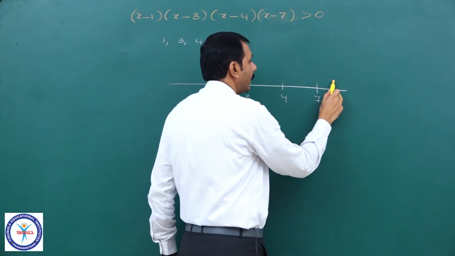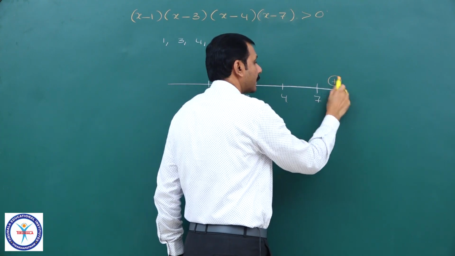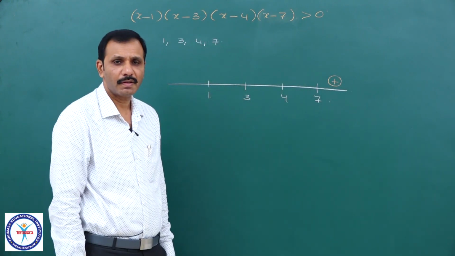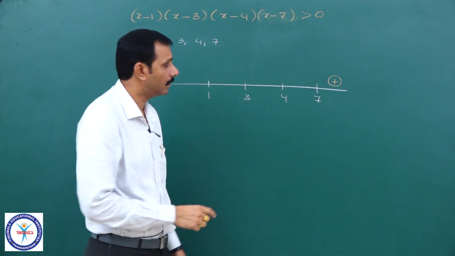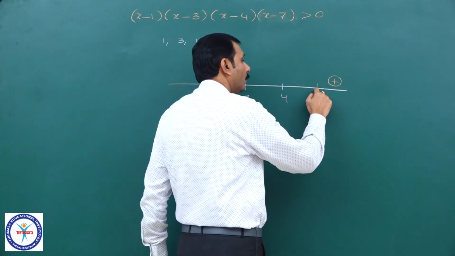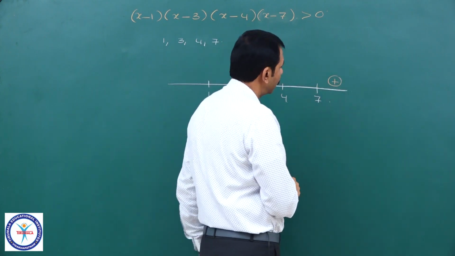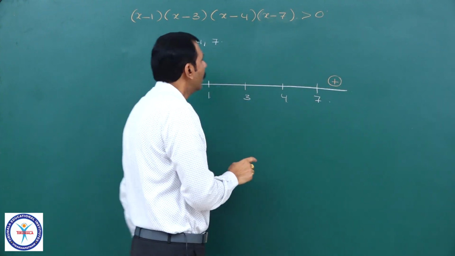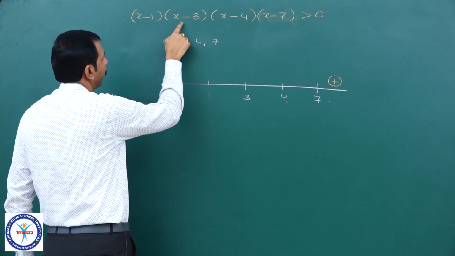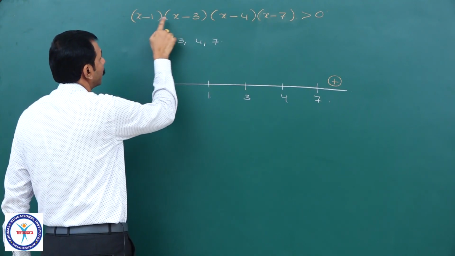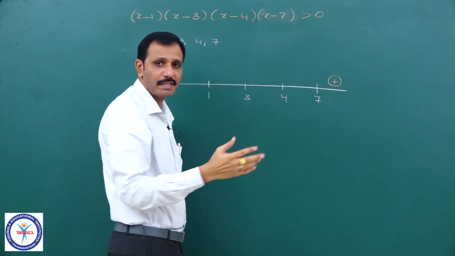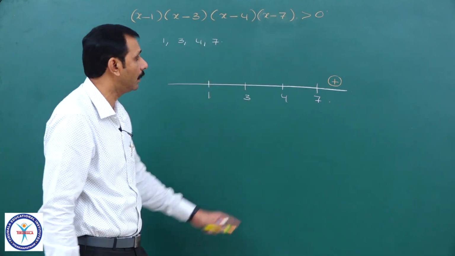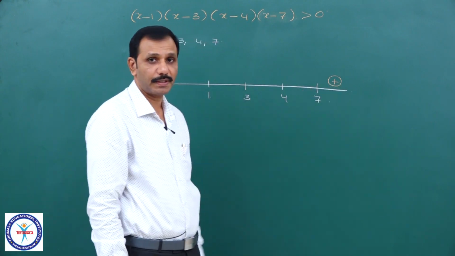Extreme right is always positive, take the plus sign here. Why the plus sign? We are not writing it blindly. If you take any value greater than 7, suppose say 10, all factors will become positive, and the product of all these 4 factors will be positive. Therefore, here it is positive.